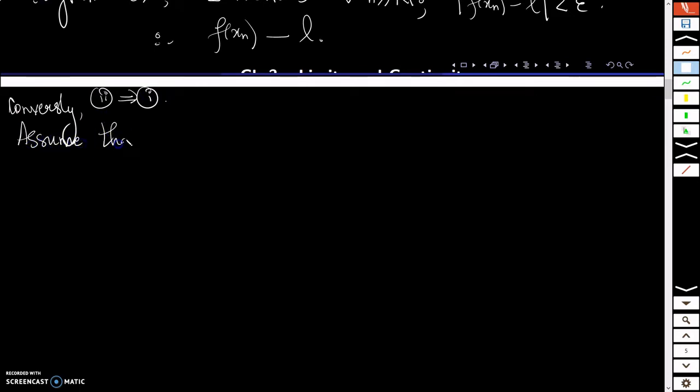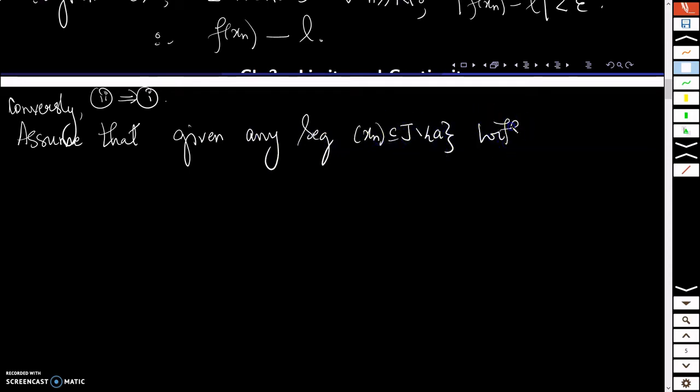Assume that given any sequence xn in J difference A with xn converging to A, we have f(xn) converges to L.